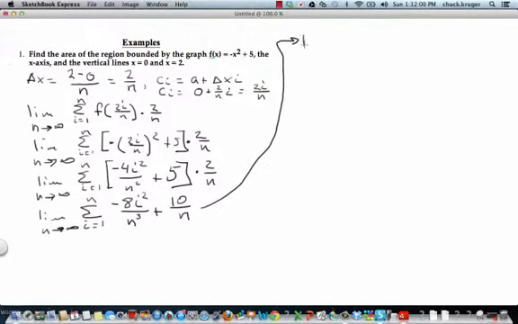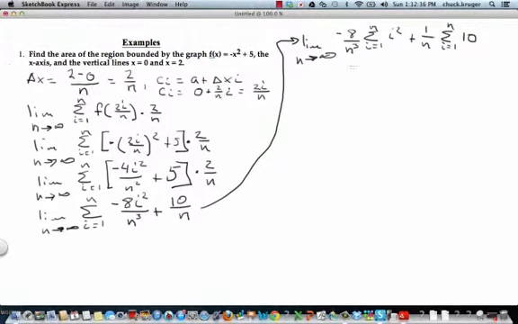So I have the limit as n goes to infinity, and my first summation will be negative 8 over n cubed times the summation of i equals 1 to n of i squared, plus 1 over n times the summation of i equals 1 to n of 10.